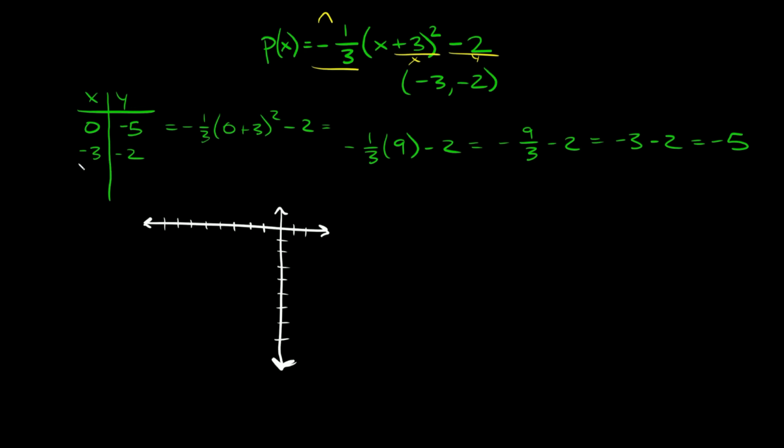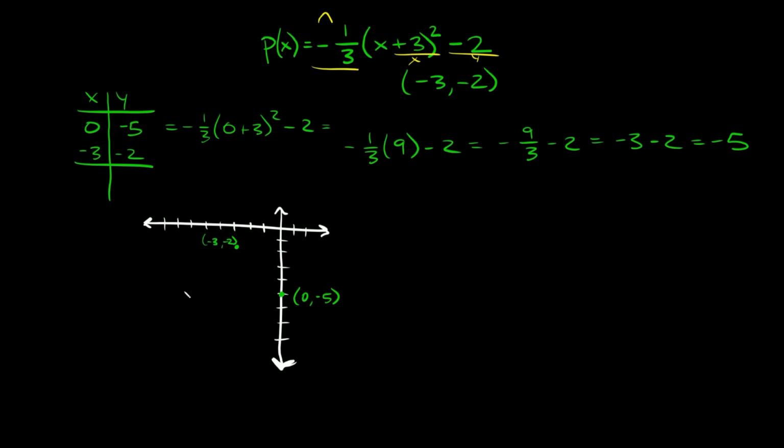Okay, so let's start by graphing the vertex at negative 3, negative 2. So negative 3, negative 2 is right there, and we'll label these negative 2 like that. And then 0, negative 5 is our other point, right? So 1, 2, 3, 4, 5. So this is 0, negative 5. Okay, and then again, to get from this point to this point, we have to go over 3 and then down 3.